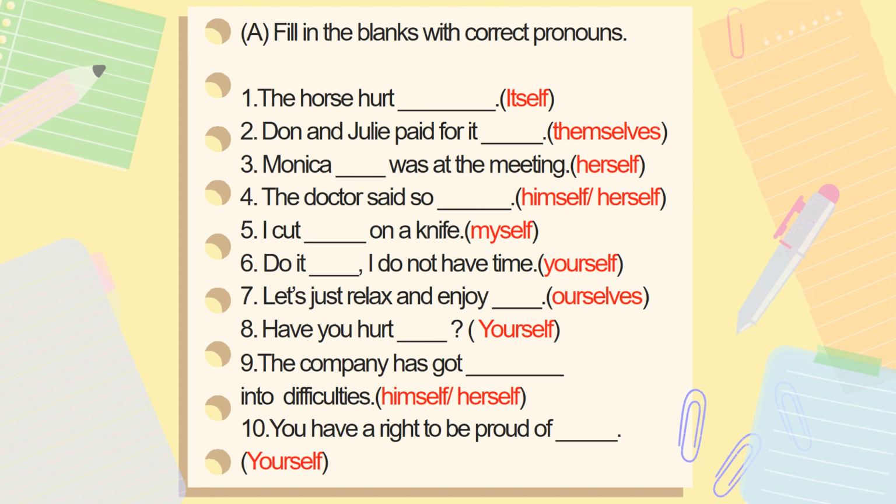Let's revise this again. The horse hurt itself. Don and Julie paid for themselves. Monica herself was at the meeting. The doctor said so himself.